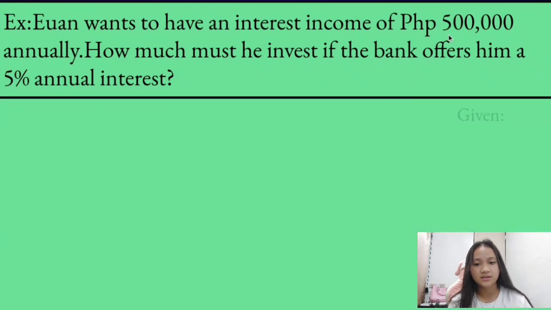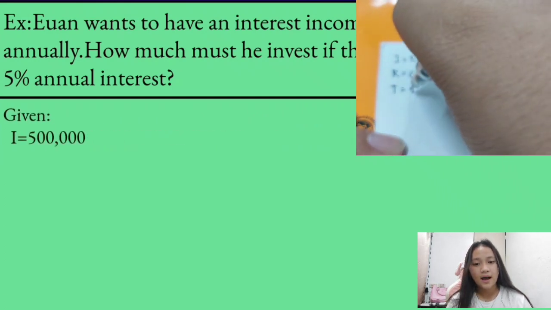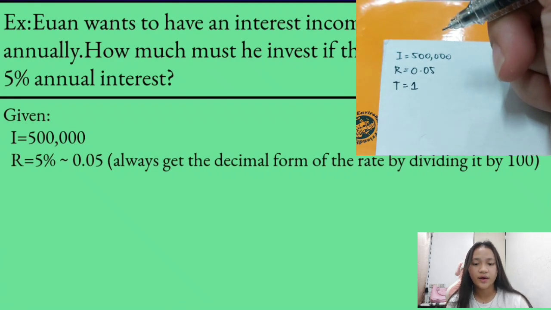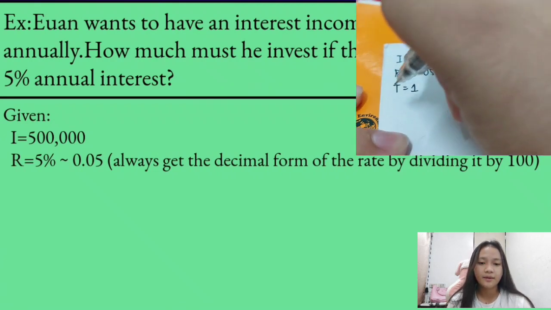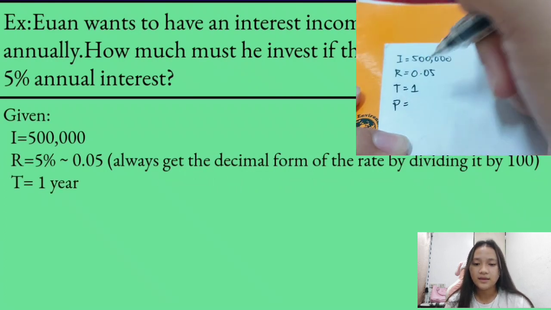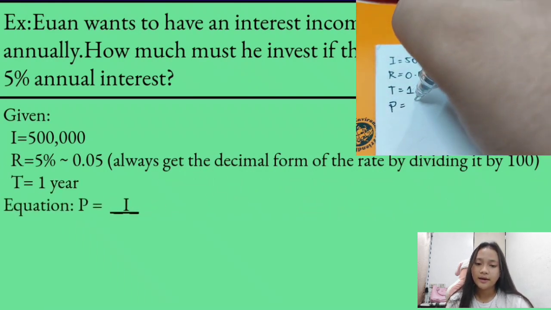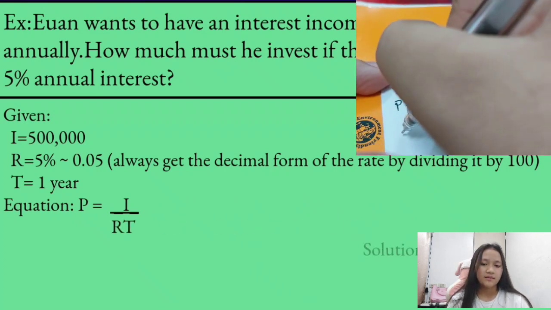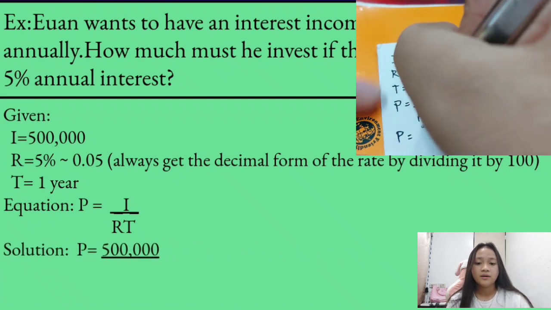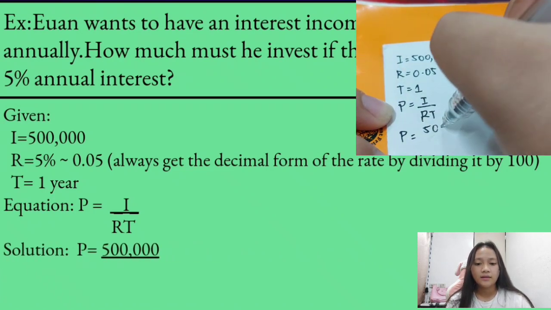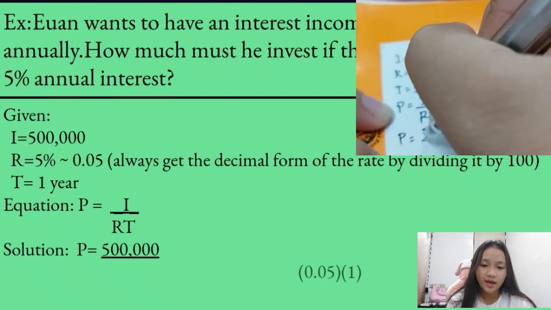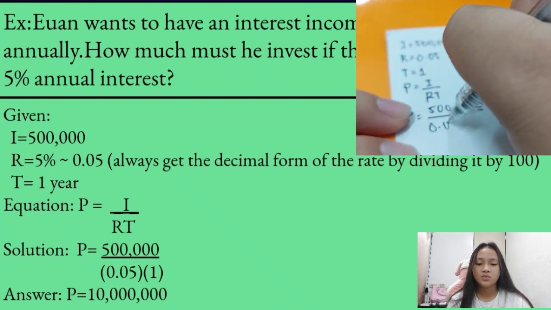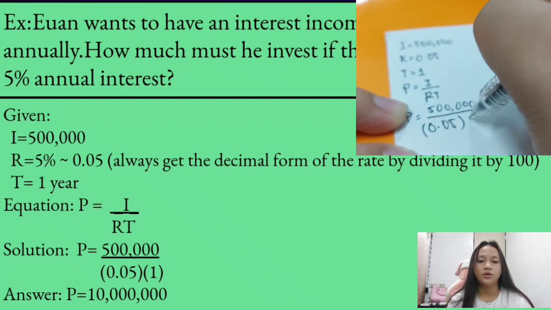The given is I is equal to 500,000, rate is equal to 5% or 0.05 in decimal form, and T is equal to 1 year, and the equation is P is equal to I over R times T. So the solution is you substitute it, and P is equal to 500,000 divided by 0.05 times 1, and the answer will be 10 million.